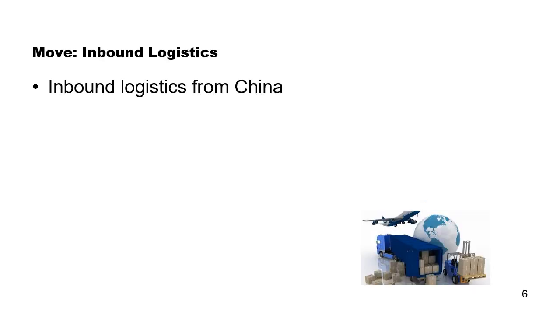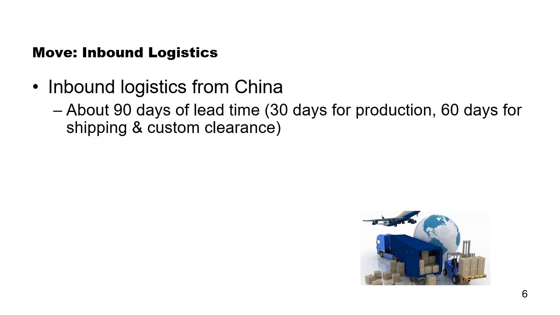Inbound logistics is a part of the domain move. The first challenge is the long lead time, which is the time it takes to receive the goods after the order is placed. Inbound logistics from China takes a lead time of about 90 days, which consists of 30 days for production and 60 days for shipping and custom clearance.